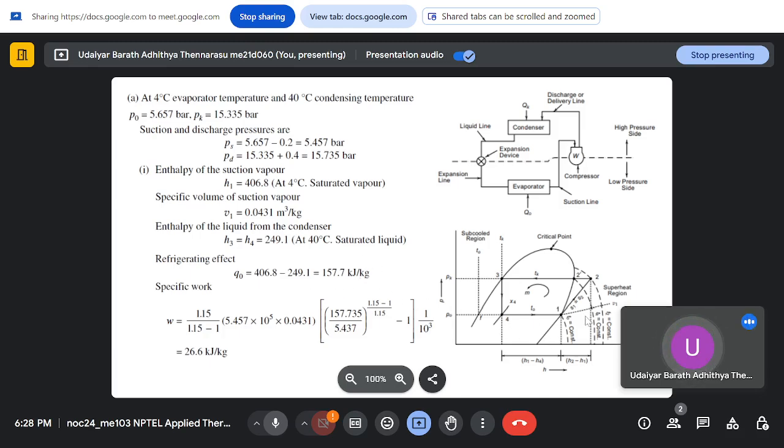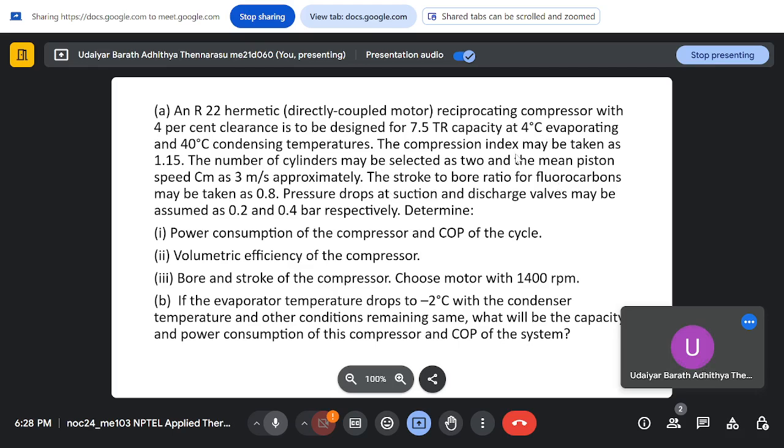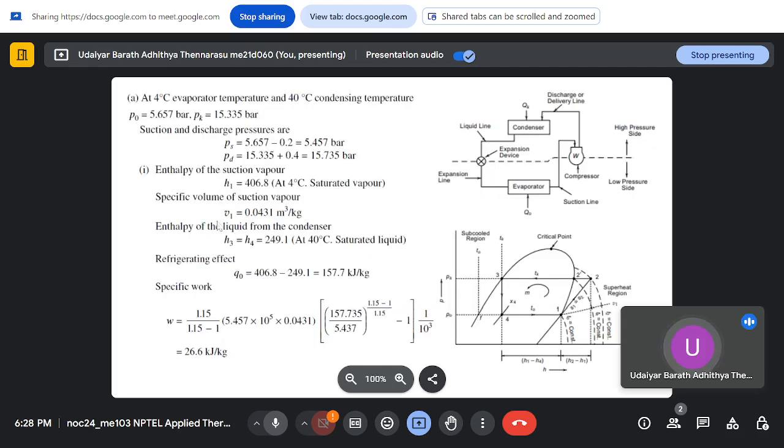So we know the specific refrigerating effect. Now to find the specific work, we know the polytropic index of compression is given as 1.15.